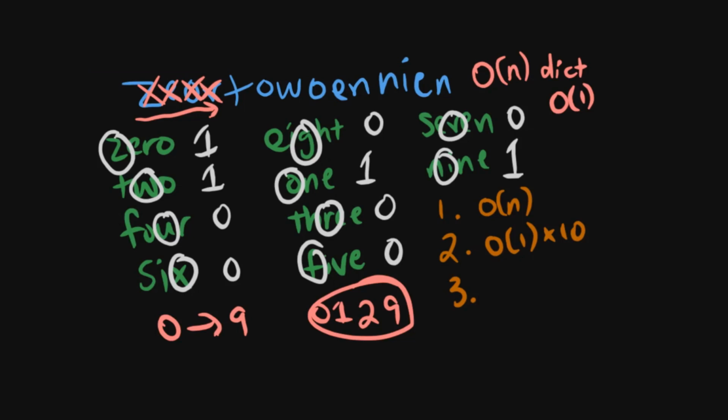Finally, we can iterate from 0 to 9 in order and build a string for our answer. Each number can be done in constant time, and we're doing that 10 times. This gives us an overall time complexity that's linear, O(n). Also, our memory complexity is constant, O(1), because we're storing the counts for at most 26 alphabetical characters in our dictionary.